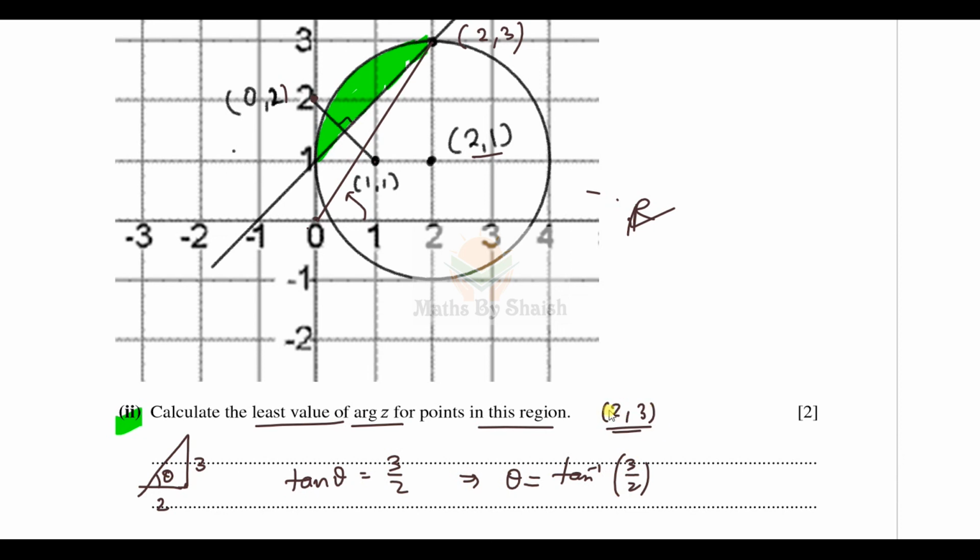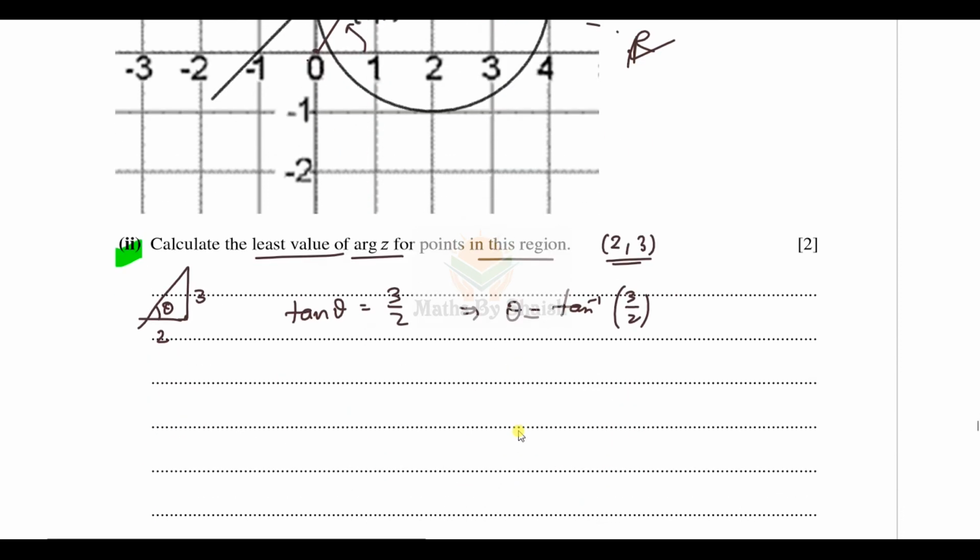And in order to find this point, we can use another geometry also, like the equation of the perpendicular bisector, and then where it intersects the circle, then also we can get the point 2, 3. And we calculate the value, and theta is equal to tan inverse 3 by 2, which is 56.309, so 56.3 degrees, or we can calculate it in radians also.